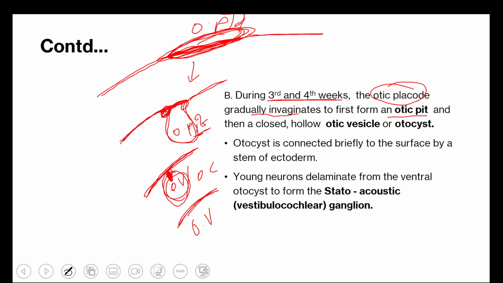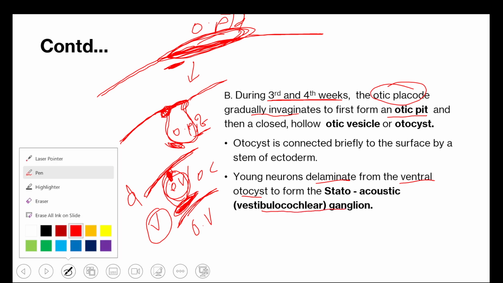So these things are seen here, and in the otocyst there is a dorsal side and a ventral side. In the ventral region, there are certain young neurons that undergo delamination, and this delamination later forms the vestibulocochlear ganglion.